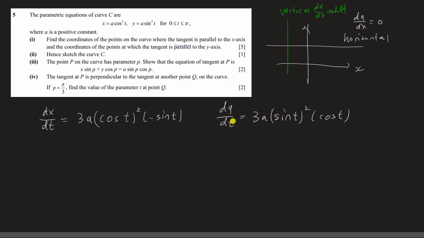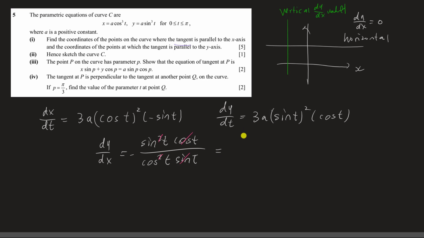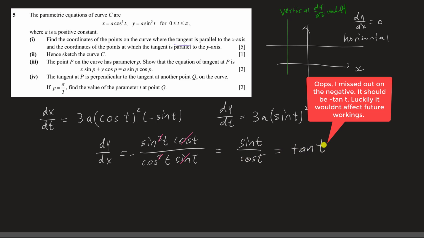Take this, divide by this, I will get dy/dx. 3a is gone, I'll get sine squared t cos t over cos squared t negative sine t. A lot of these can be cancelled. This can be cancelled with this, can be cancelled with this, to give us sine t over cosine t, which is simply tangent t.